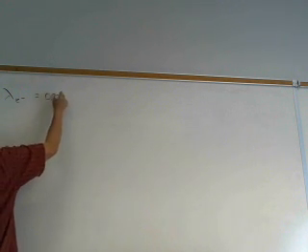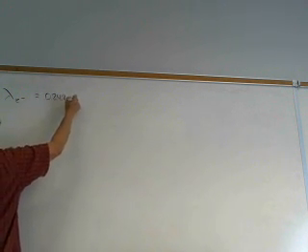What did we calculate the lambda for the electron already? What was it? Lambda for the electron was 0.242 picometers.